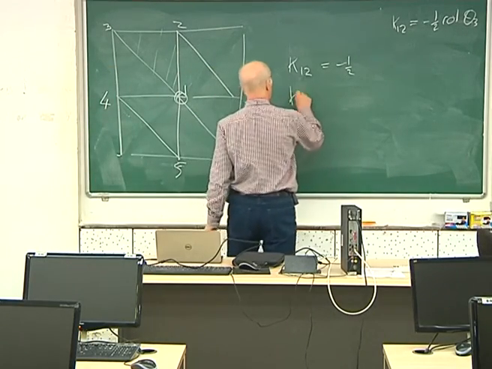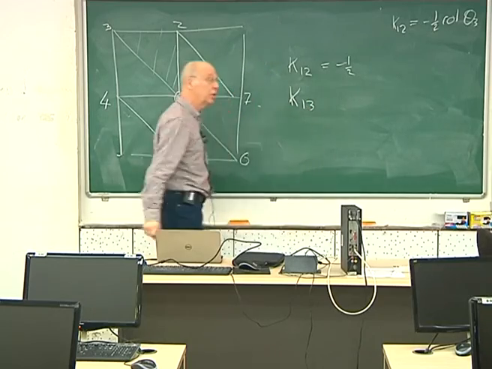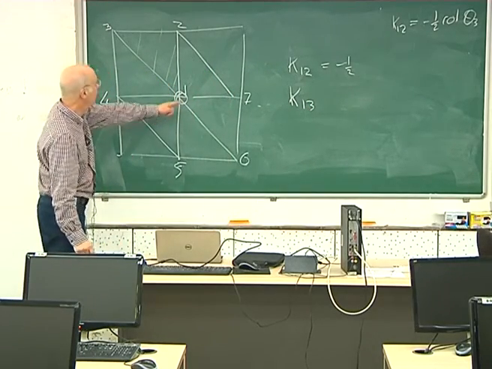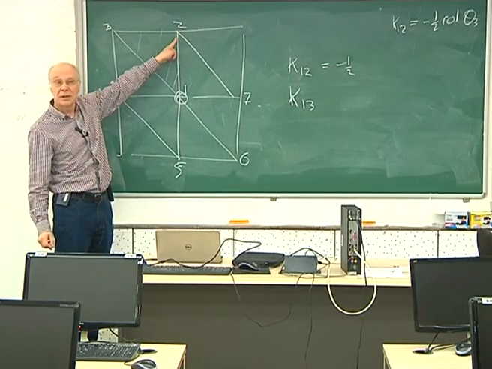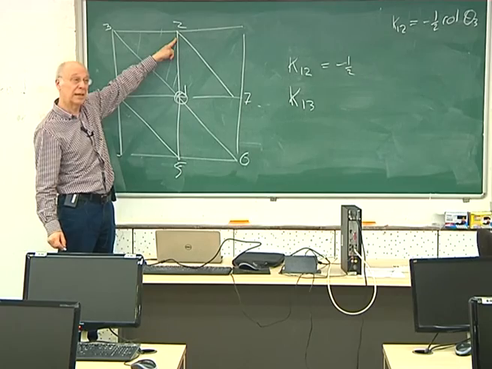I also want to know K13, the contribution that I get. So K13 involves the cotangent of the angle opposite. Cotangent of 90 degrees is 0.